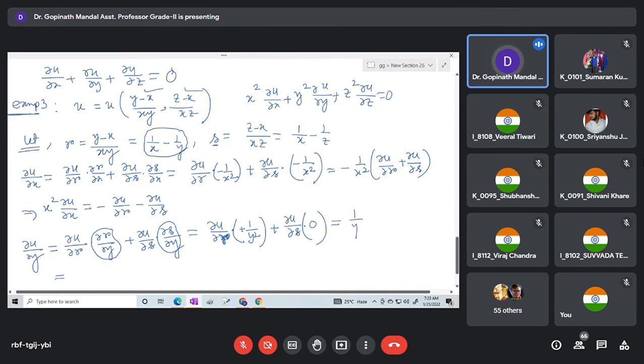So it will be 1/y² ∂u/∂r. That means y² ∂u/∂y is equal to ∂u/∂r. So this is equation number 2.